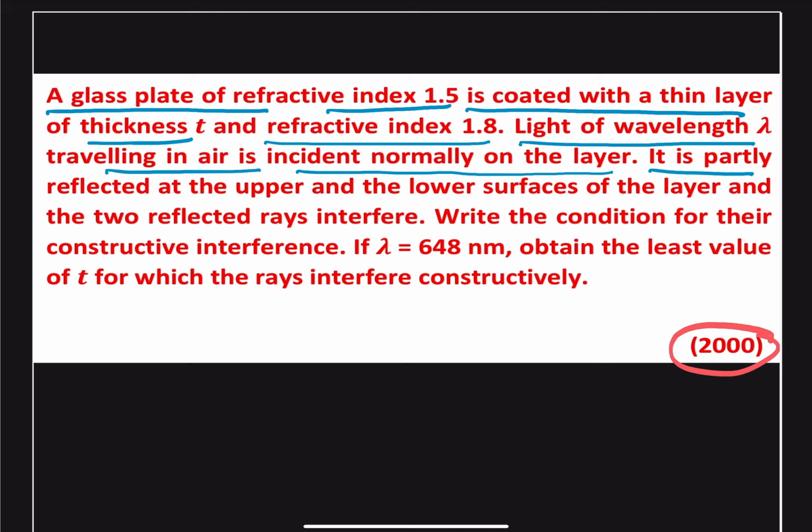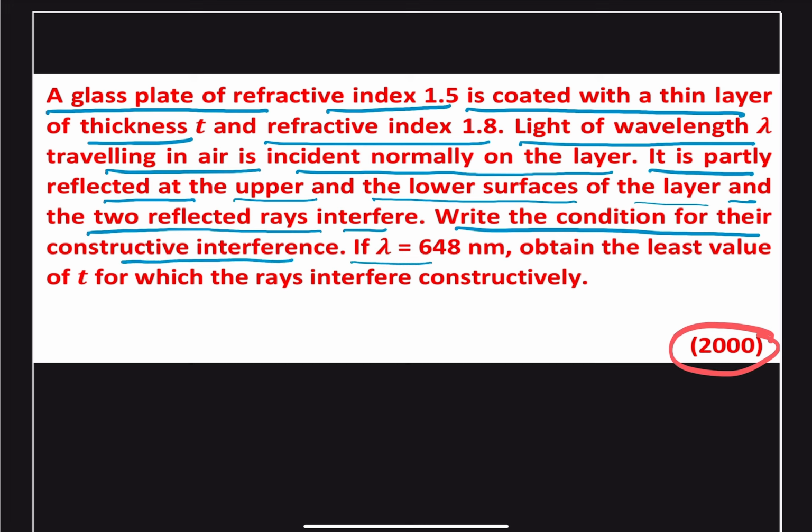It is partially reflected at the upper and the lower surfaces of the layer, and the two reflected rays interfere. Write the condition for their constructive interference. If lambda is equal to 648 nanometer, obtain the least value of T for which the rays interfere constructively.